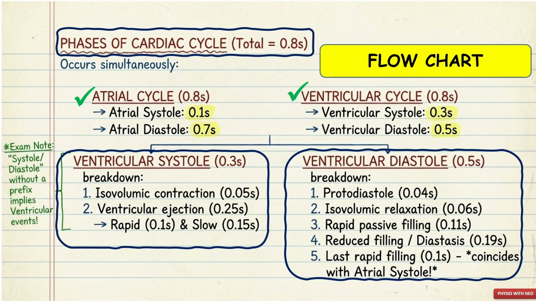Ventricular systole for 0.3 is broken down into 2 parts, that is isovolumic contraction of 0.05 second and ventricular ejection of 0.25. It has 2 parts, that is rapid and slow ejection phase of 0.1 and 0.15 second. Ventricular diastole for 0.5 has 5 parts, that is protodiastole, isovolumic relaxation, rapid passive filling phase, reduced filling or diastasis, and last a rapid filling phase, which coincides with the atrial systole.